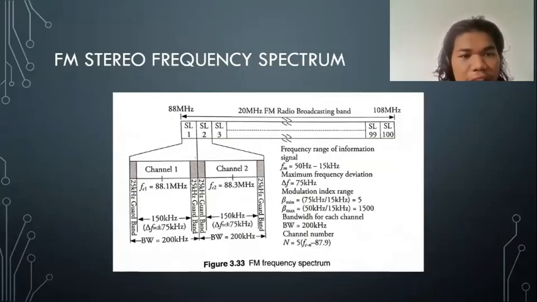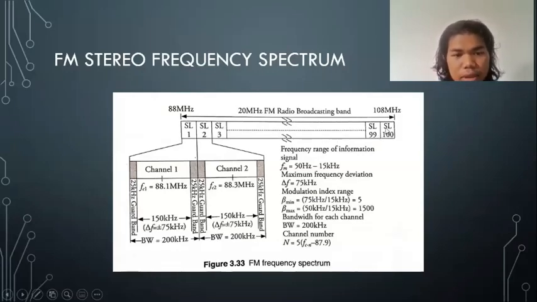Moving on, FM stereo has a specific frequency spectrum. Commercially, the FM stereo frequency spectrum goes from 88 megahertz up to 108 megahertz, containing more or less 100 channels, maximum 100 channels.